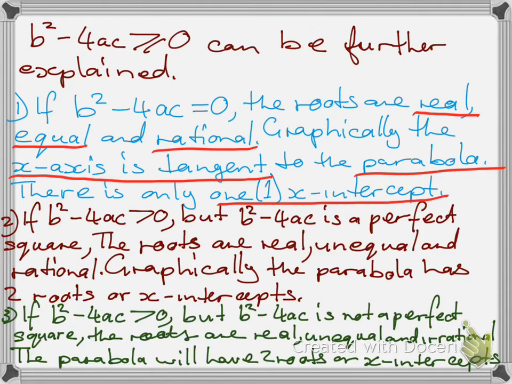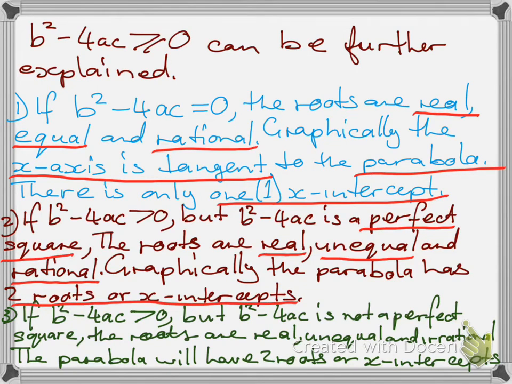And then if your determinant is greater than 0 and it is a perfect square, the roots are real, unequal, and rational, and you will have two roots or x-intercepts.